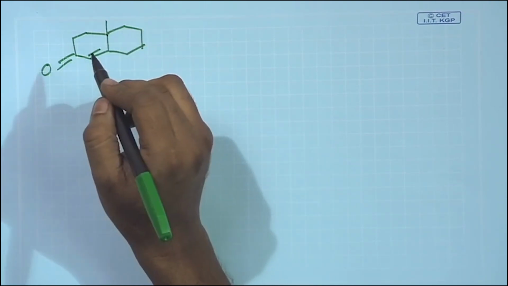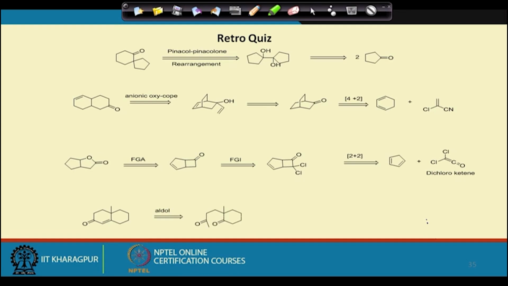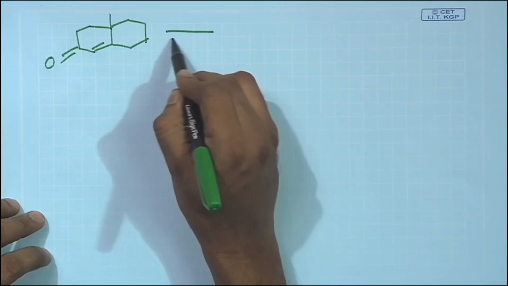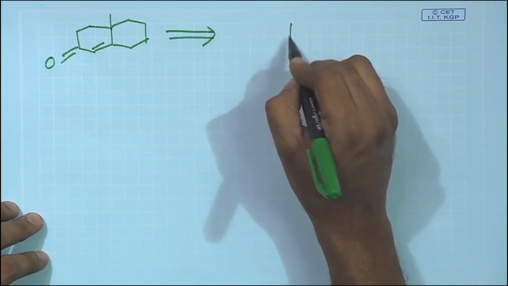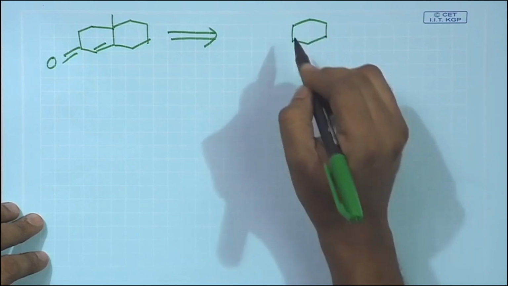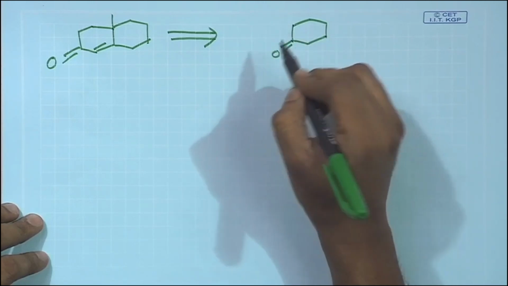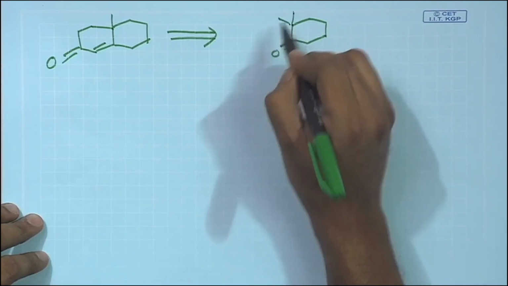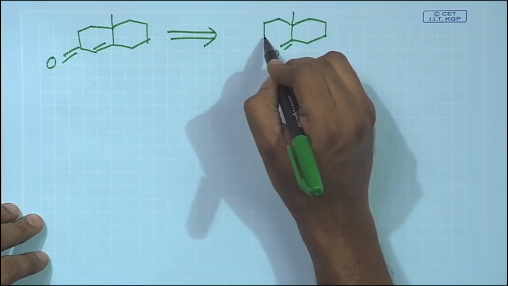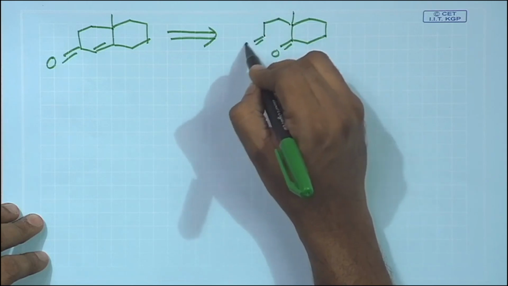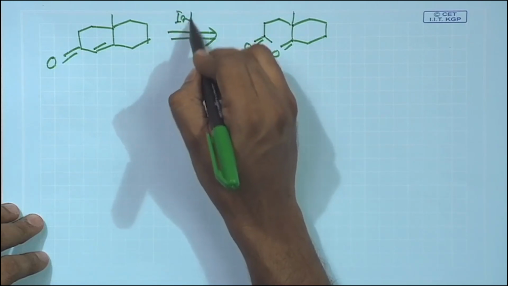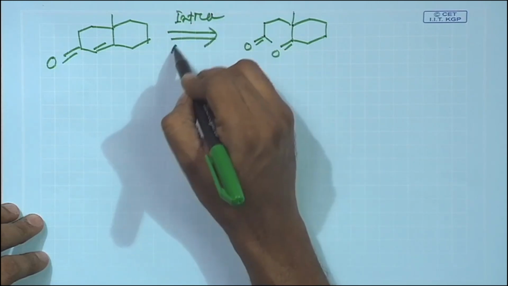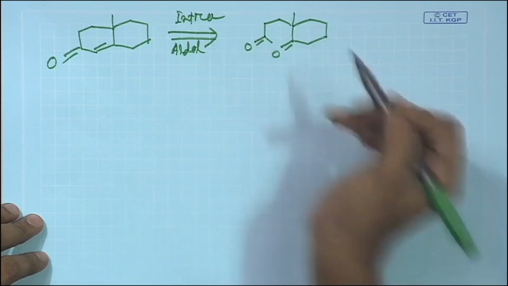By simple chemical analogy, you can devise a retrosynthesis which will give you a very well known reaction named Robinson annulation, which is a Michael aldol reaction. You can have an intramolecular aldol version, an intra-aldol reaction.